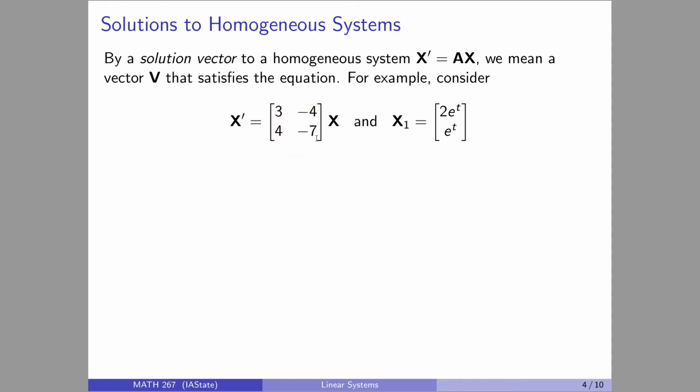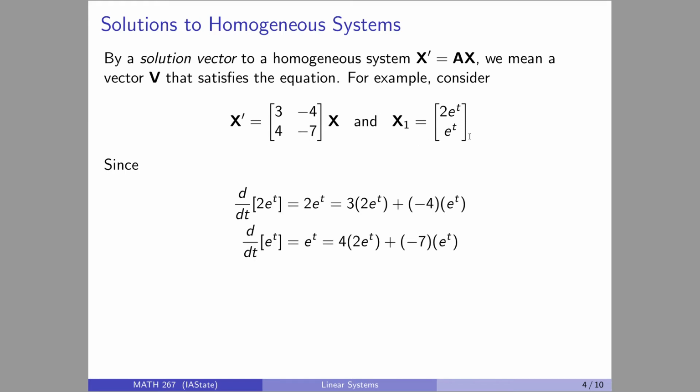If you want to, you can rewrite it like a system with multiple equations, but usually we'll just write it like this with the understanding that it's a matrix equation. It's really multiple equations collapsed into one equal sign. A solution vector, for example, will be the following: 2e to the t, e to the t. This can be verified by plugging it in and seeing that it works. If we take the derivative, it's 2e to the t and e to the t.